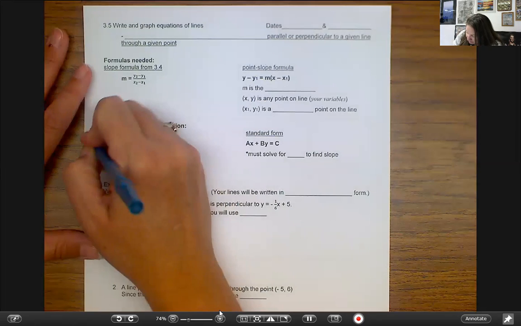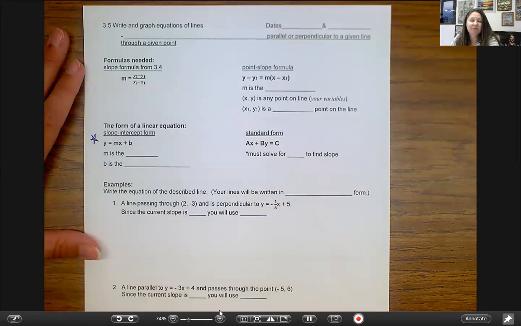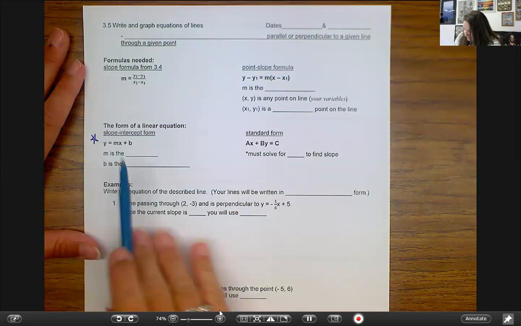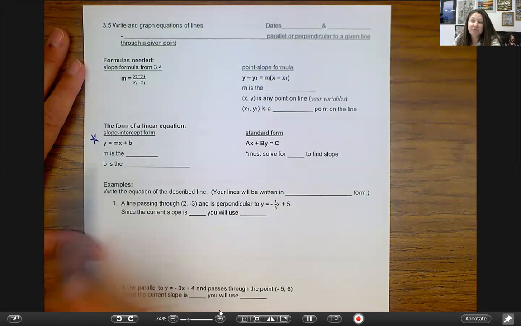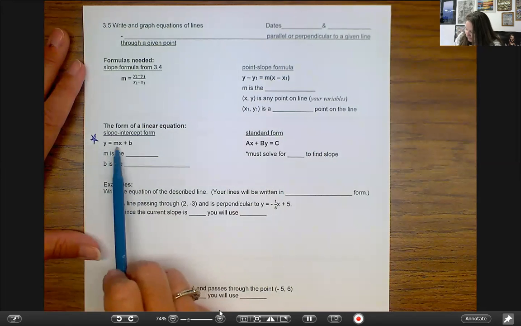As I work through our examples, I will just use slope-intercept form. I tend to always use slope-intercept form, and that's how you write equations of lines. They need to be in slope-intercept form. So what we want to do is make sure that we know the slope first.